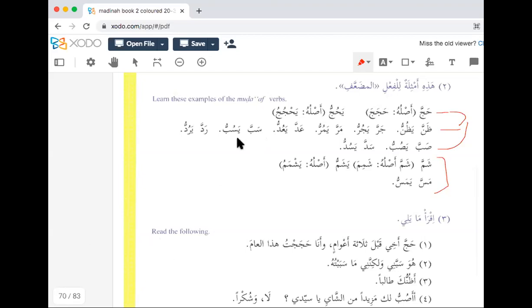Look at the difference of sabba yasubbu and sabba yasubbu with a sad. There's a difference in how you pronounce the S letter. The sound S ordinarily, in English, is going to come out pretty much the same.